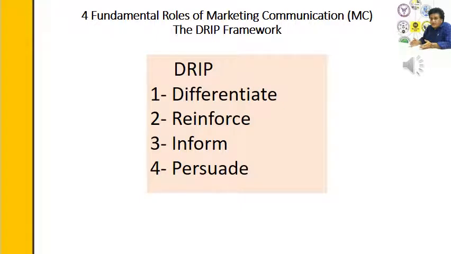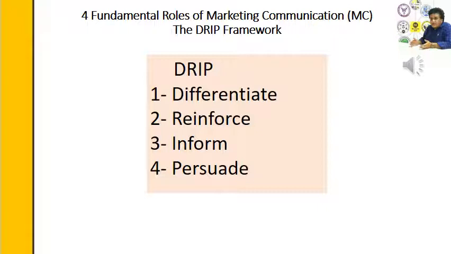Marketing communication performs four fundamental roles. It is also called the DRIP framework. D stands for differentiate, R stands for reinforce, I stands for inform, and P stands for persuade. So marketing communication helps the buyer differentiate the organization, and the products and services of the organization, from the products and services of other organizations.